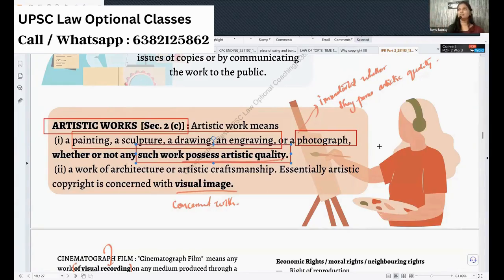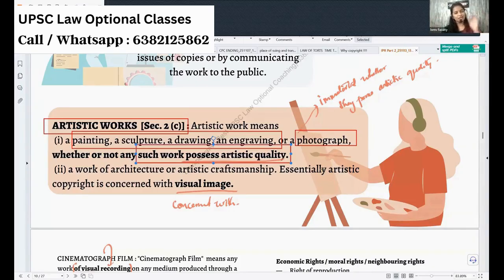There are paintings sold for lakhs and lakhs of rupees, but in our eyes we see only a background with two or three dots here and there. But other people will think it is very artistic and say, I am going to bid five lakhs and buy it and put it in my living room. So what is artistic to you may not be artistic to me. It differs from eye to eye.